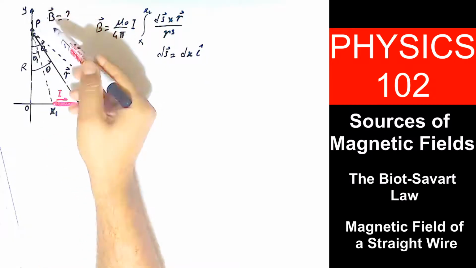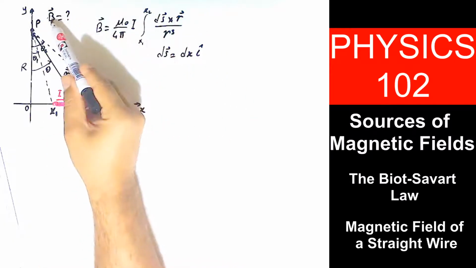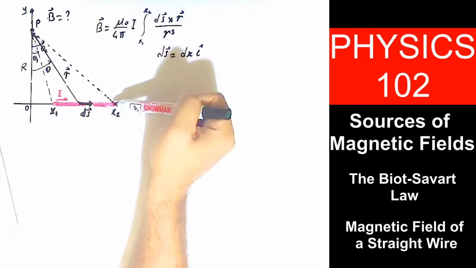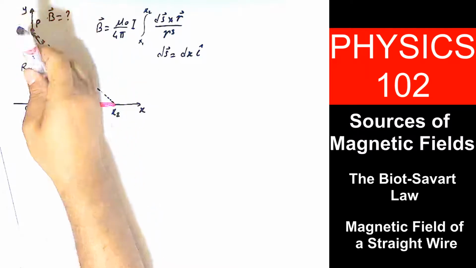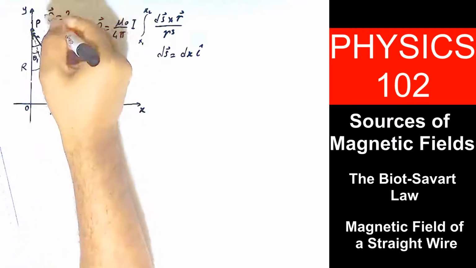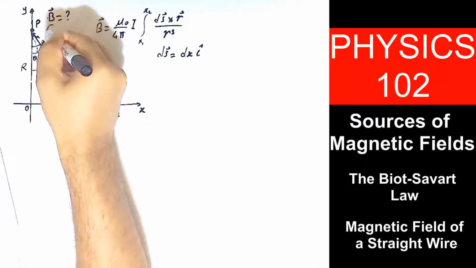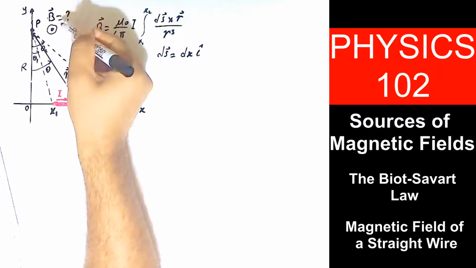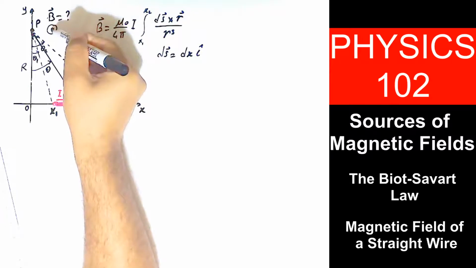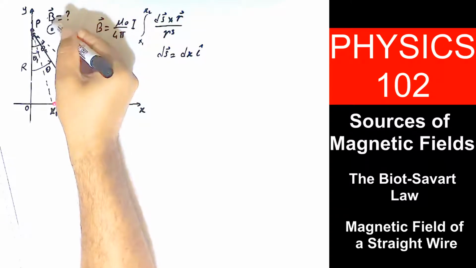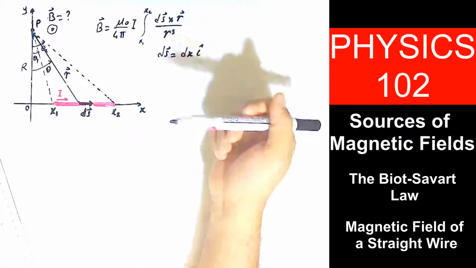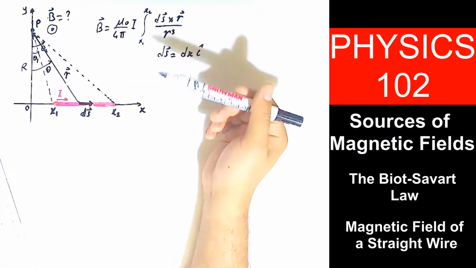That specifies the direction of the magnetic field created by this wire: it's always going to be out of the page. We denote vectors out of the plane by a dot with a circle. So we know the direction; the rest is to calculate the magnitude.